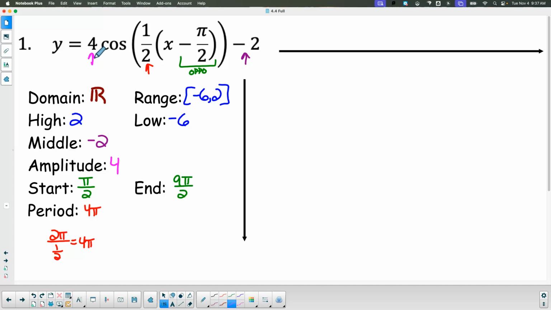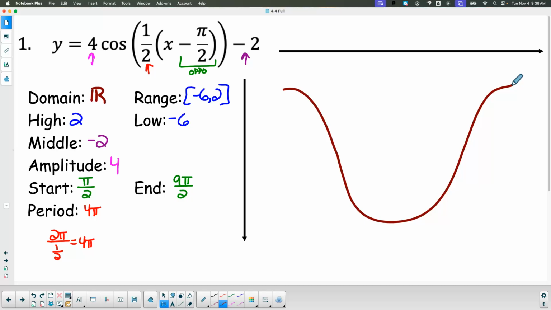Agree with all of my numbers? Okay. Yes. That makes sense. Cosine starts up high, not flipped over, ends up high.